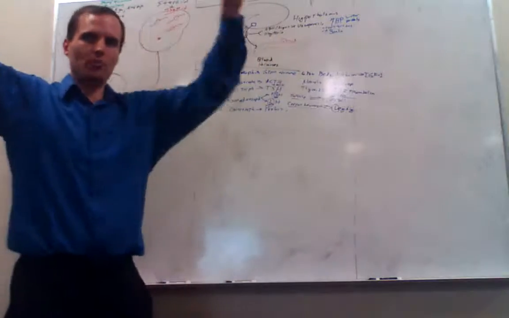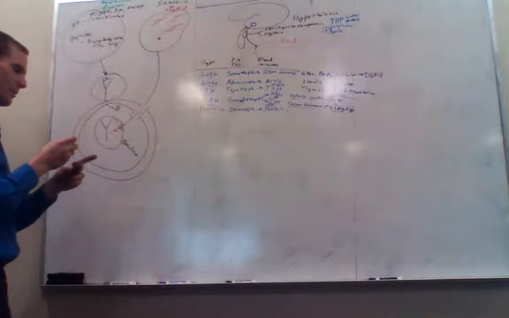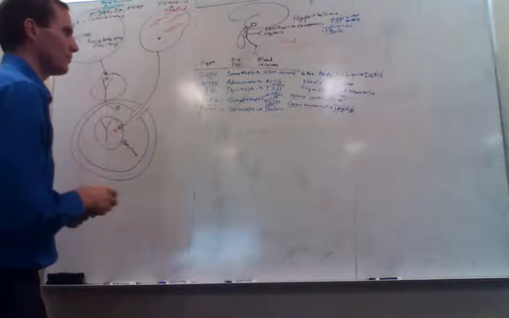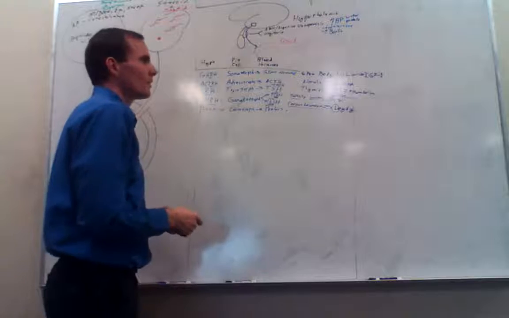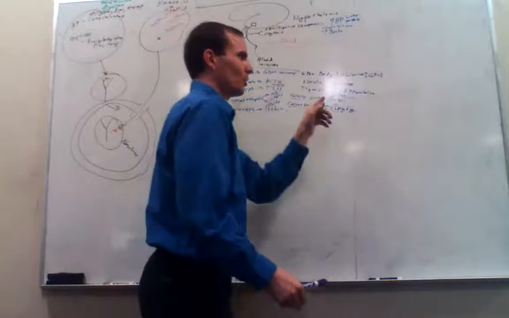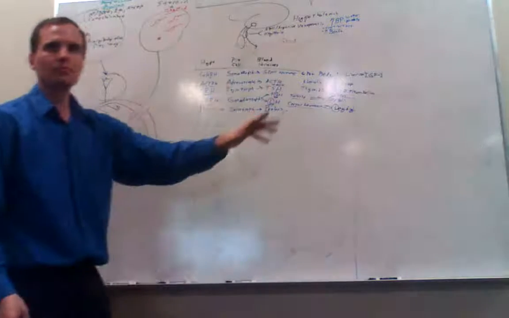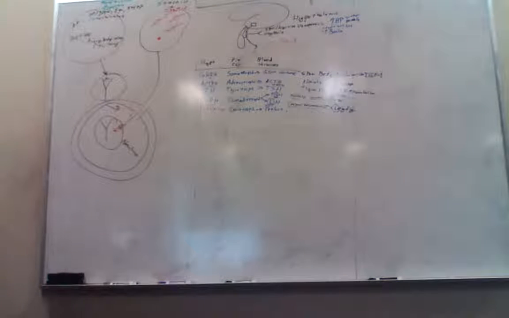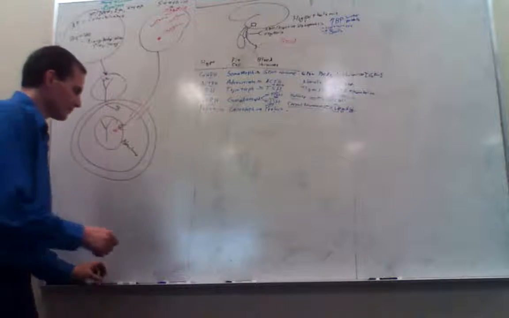And IGF-1 goes to the whole body and says, grow, be big, make a lot of everything, muscle and bone and organs, and do it all. So that's what you'd want to know, is that growth hormone turns on somebody else. And then the rest of them we'll hit as we go on.